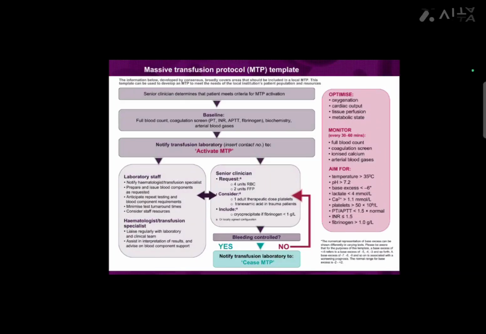Today let's learn about this massive transfusion protocol template. In our daily routine practice, sometimes we don't expect situations where the patient will go into hemorrhagic shock, where our minds will get blanked.